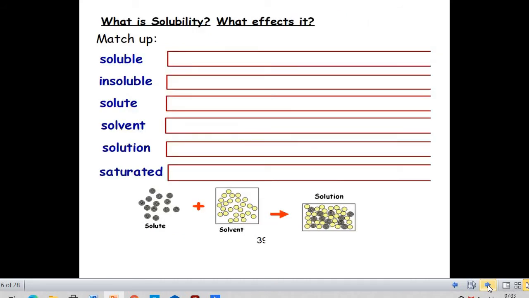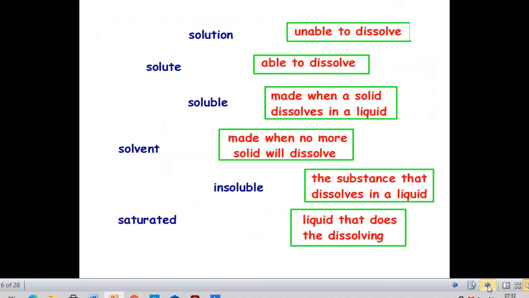You've then got this in your book on page 39. What is solubility? What affects it? But we need to know the words first. Now to fill in that information, if you use this screen, you can go back and fill in the correct words with the description.